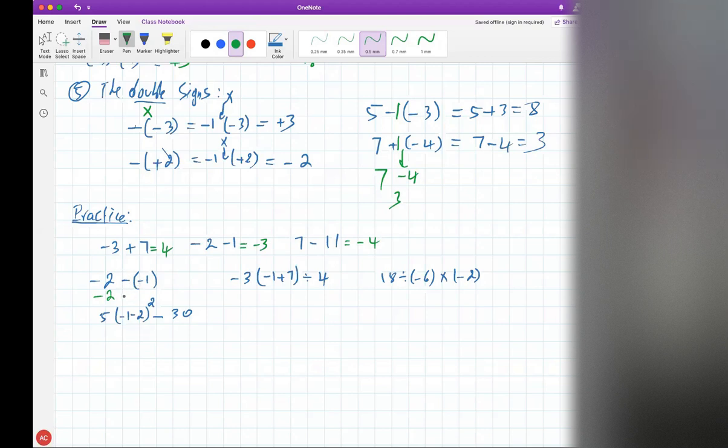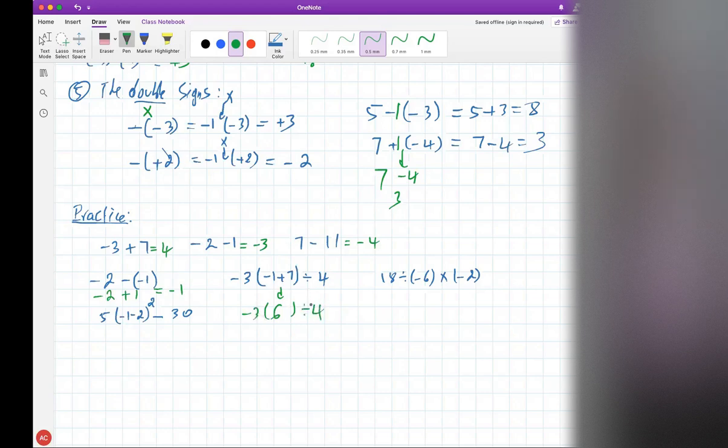These two signs turn into? Plus. Positive. And this will be negative 1. That's right. Here, what do we do first? What's in your parentheses. So you're negative 1 plus 7. This will be positive 6. That's right. Positive 6.